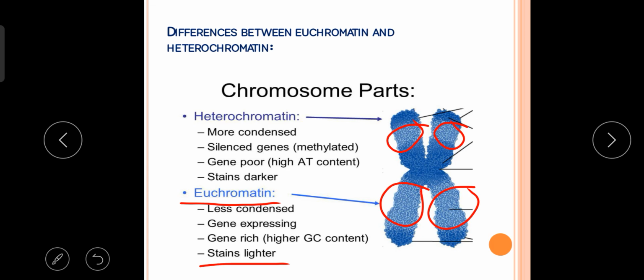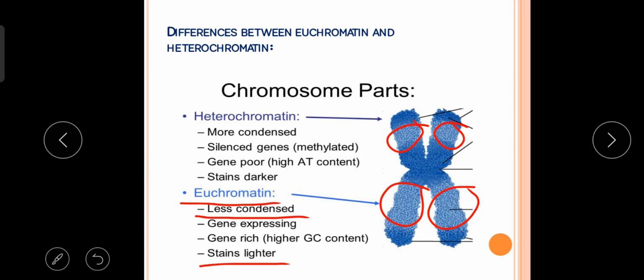It has light color, and the DNA packaging is also very light, not condensed, meaning they are found at some distance from each other. These are not tightly packed. The DNAs are not tightly packed in those areas. That is why these areas appear lighter in color than the heterochromatin region. So this light bluish color in the chromosome is called the euchromatin.